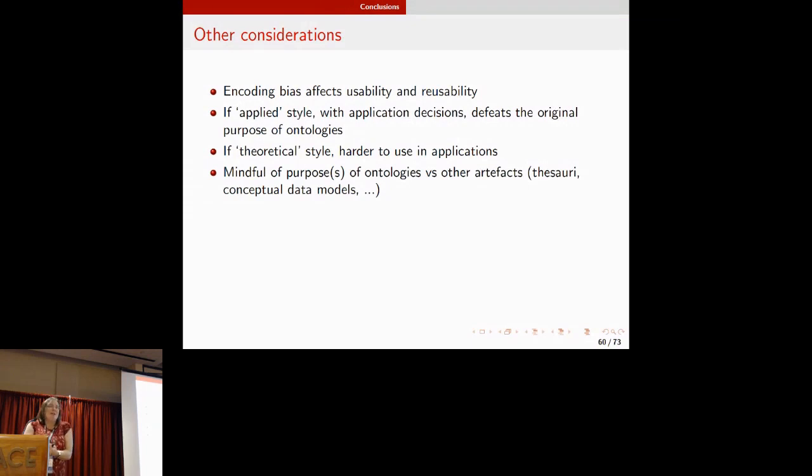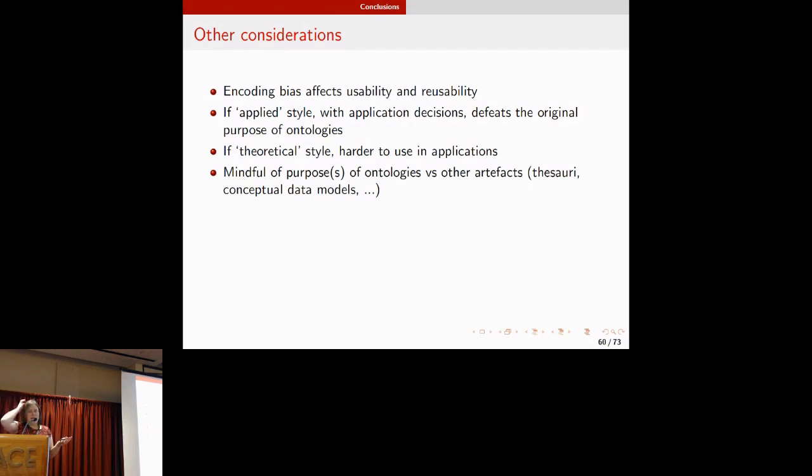The downside, if you have your applied style with application decisions, is that it defeats the original purpose of the ontology. But it's so much nicer in applications in most cases. If you have your theoretical style, that is all nice in theory and good principles, and then you will have a better reuse of your ontologies, but it makes it harder to use them in applications. And you have those conflicting requirements, and there is actually no good solution.